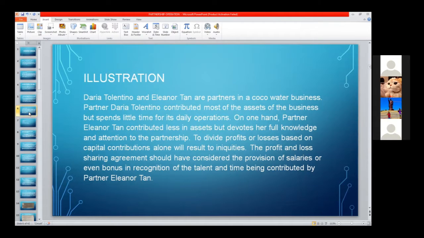Kaya dapat the profit or loss sharing agreement should have considered the provision on salaries or even bonus para sa talent, skills, and even the time na kinontribute ni partner Eleanor. So next po.